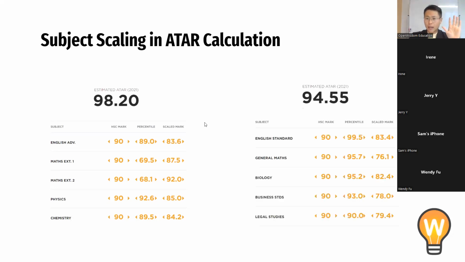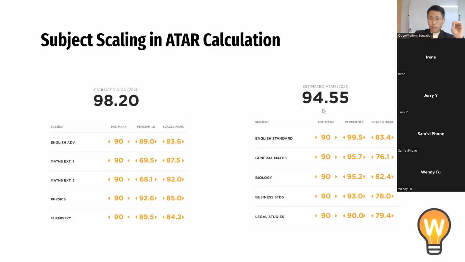Then we pick another student who picked some of the medium/low scaling subjects, which are Standard English, General Maths, Biology, Business Studies, and Legal Studies. This student also achieved a mark of 90. You can see the ATAR varies quite a bit, by about 4 ATAR points.